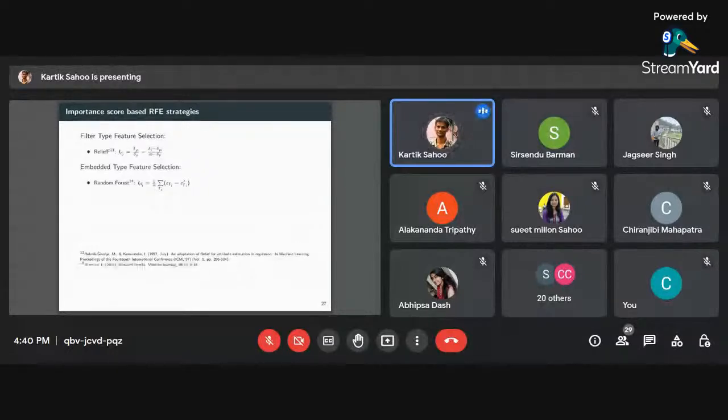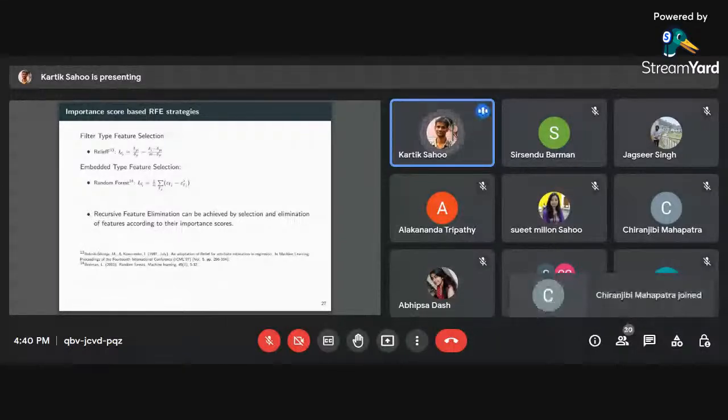Basically, the recursive feature elimination strategy eliminates less important features according to their importance scores.